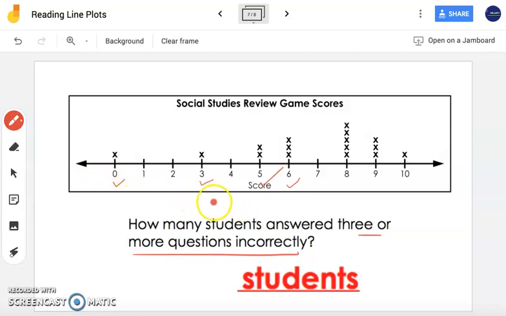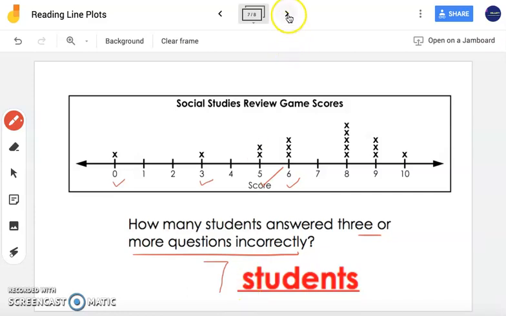So now I need to count all the X's. 1, 2, 3, 4, 5, 6, 7. So this is showing that the answer here is 7 students. Now again, how many students answered 3 or more questions incorrectly? And that's showing me that 7 students did that. So notice again, you're taking another look and rereading that question to make sure you're interpreting it correctly before answering.